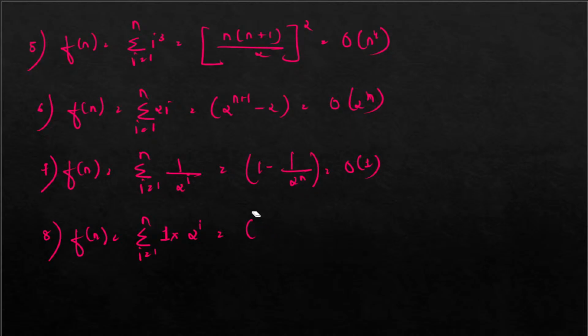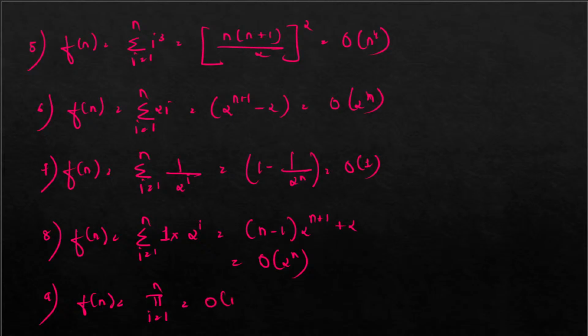This will be n minus 1 into 2 to the power n plus 1 plus 2, so this will be big O of 2 to the power n. Ninth will be f of n equals, now if there is a product, pi, for i equals 1 till n, so this will be big O of 1.